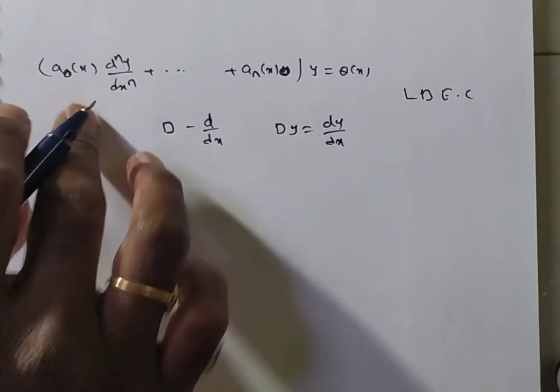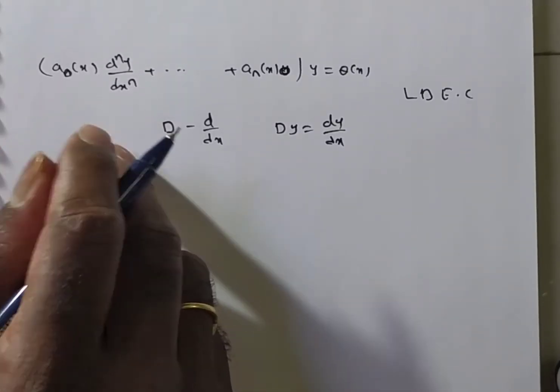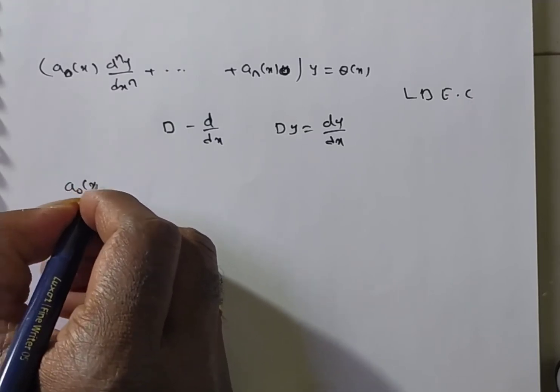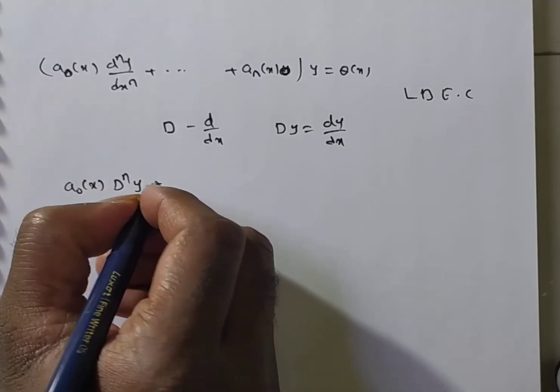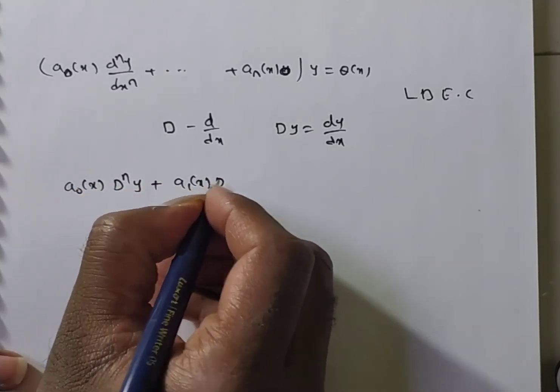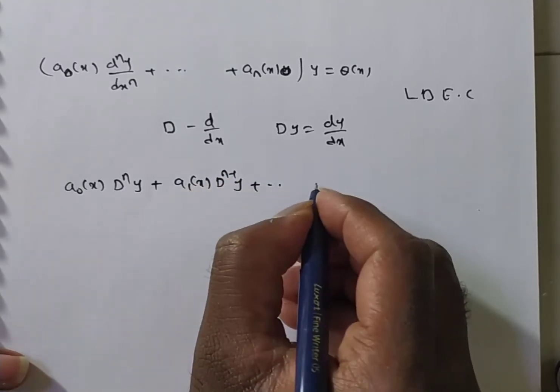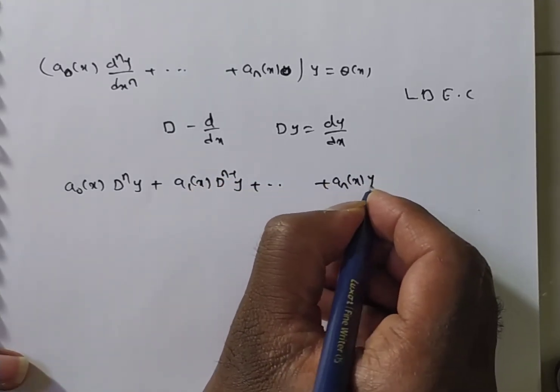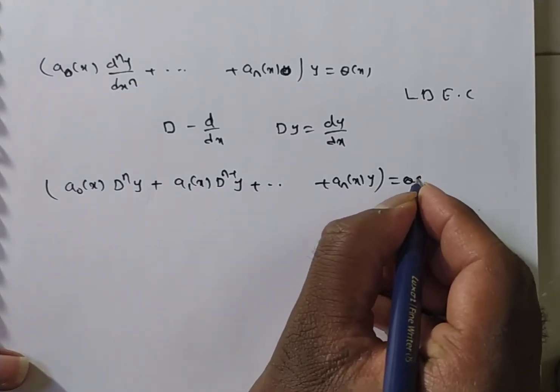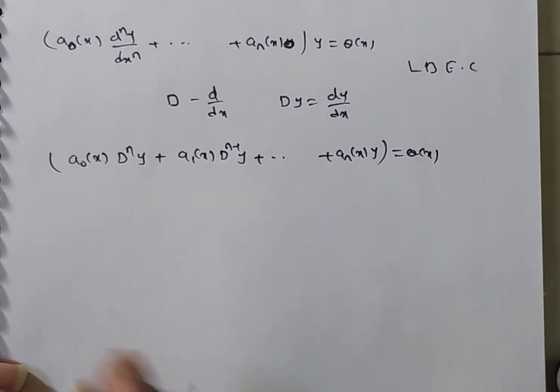Okay. Now it can be written as a naught of x into D^n y plus a1 of x into D^(n-1) y plus and so on plus an of x into y is equal to q of x. Okay. Now from this you can take y as common.